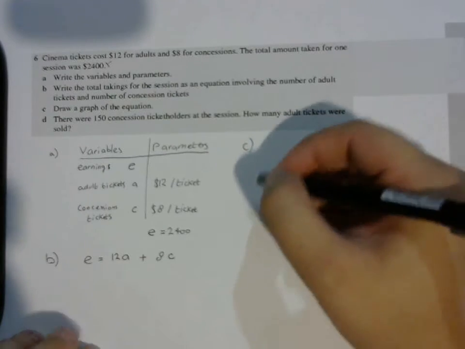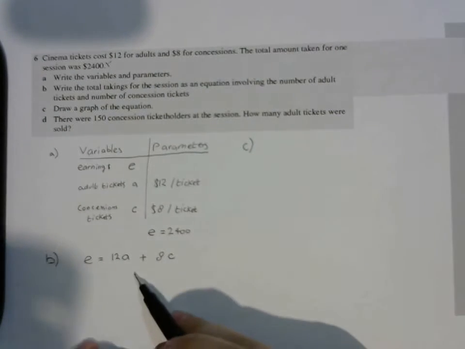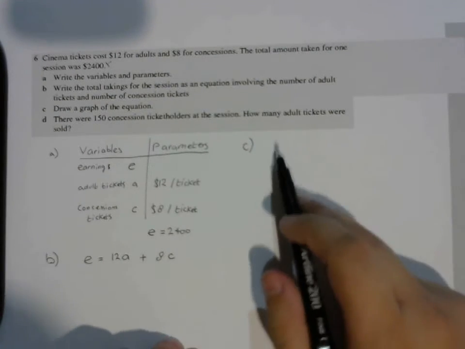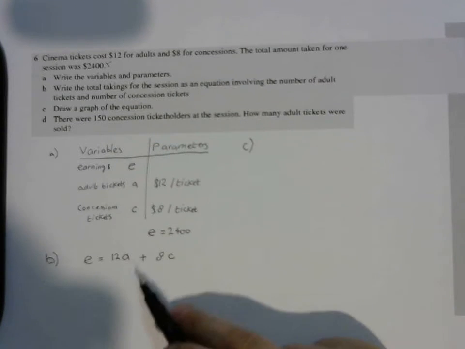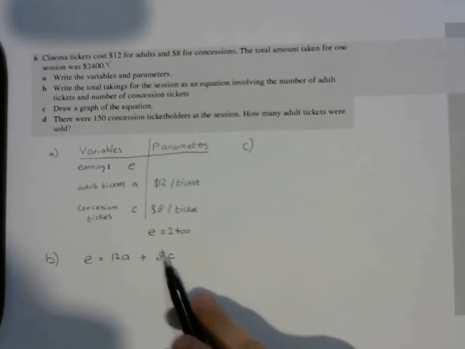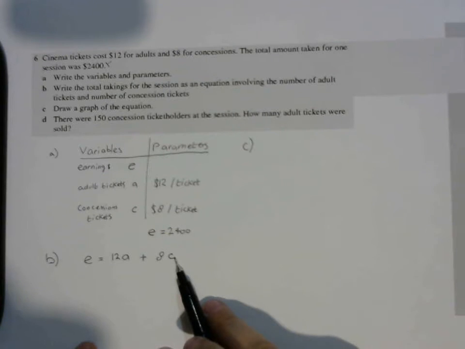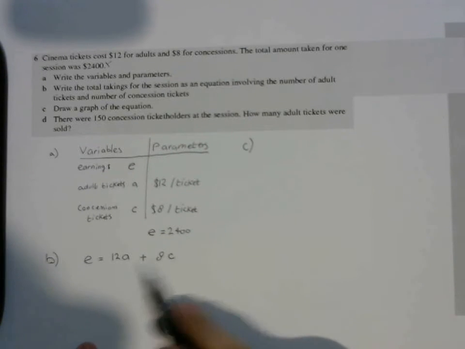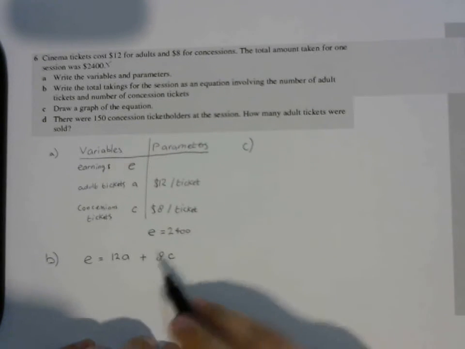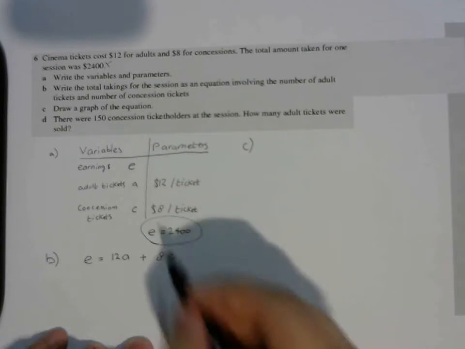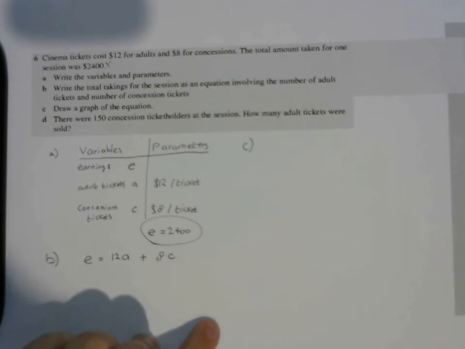Now my last step is to get this equation into a form that we can graph. We can't graph something that has three unknowns because we only have two axes, so we need two unknowns. And that's where we're going to use this E equals 2,400 value.